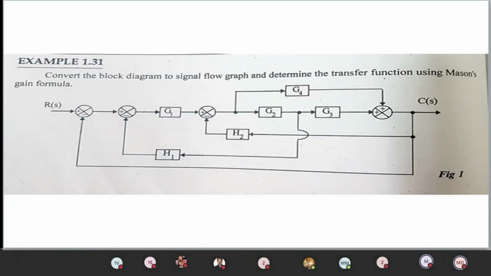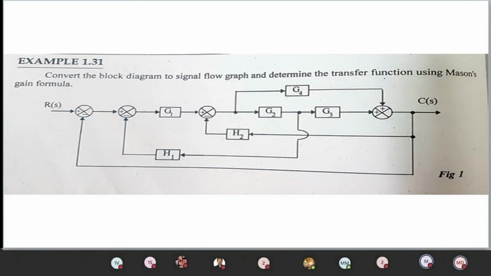Now, let us go for quite a difficult approach. Convert the block diagram to signal flow graph and determine the transfer function using Mason's gain formula. Here, you can notice that you have 4 summing points. You have 6 blocks.